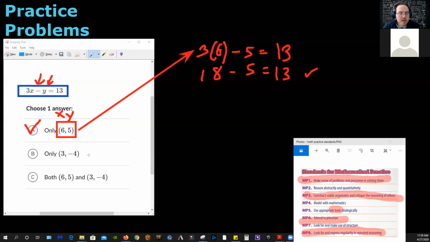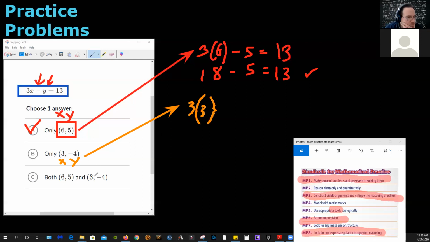So let's just try the exact same methods with this. So there's our x value and there's our y value to test. So it's 3x, that'd be 3 times our x value, which in this case is 3. That was horrible. Back that up.